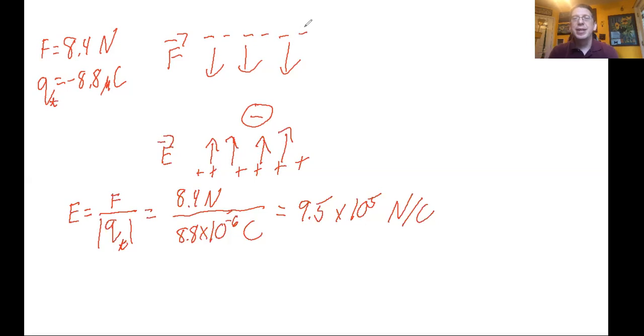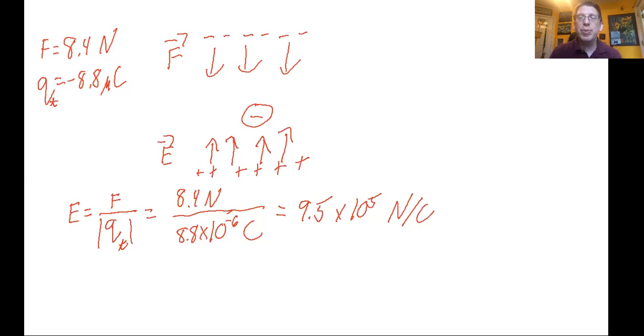Well, how does that affect the electric field? Well, notice the electric field points away from the positive charges and towards the negative charges. And that is true universally. So we can talk about the electric field as always pointing out of positive charges and always pointing in towards negative charges.